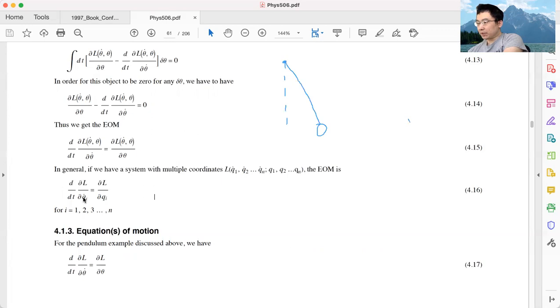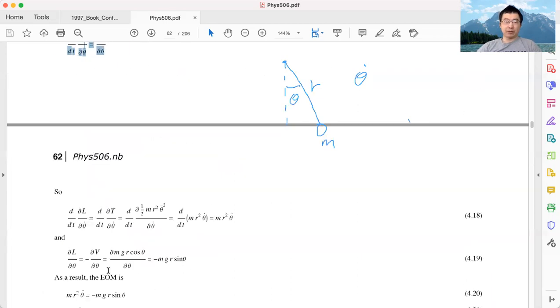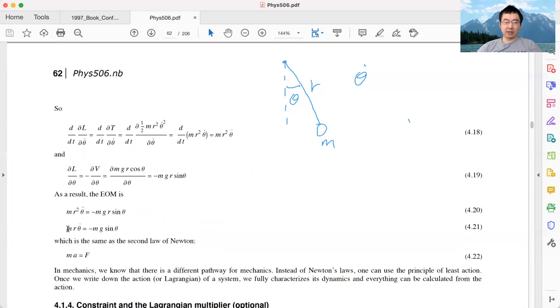We said that there is a pendulum with a rod length r and mass m, and we use angle theta as our coordinate, and the time derivative of theta is our velocity. And we wrote down the Lagrangian, and we used the variation principle to get the equation of motion, and we found that this equation of motion is exactly what we expect from Newton's second law.